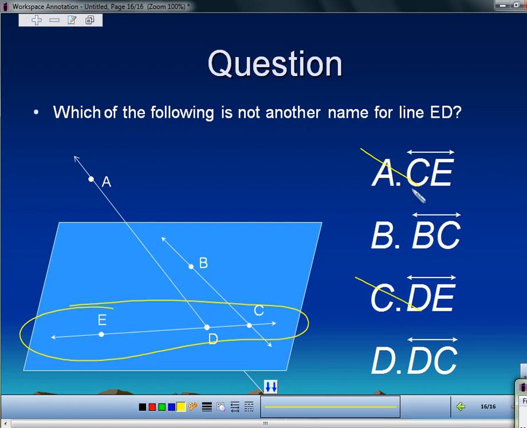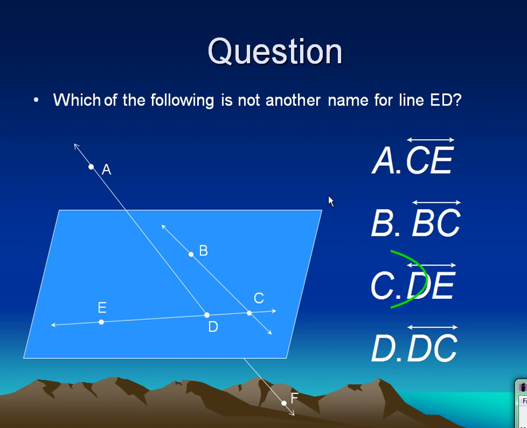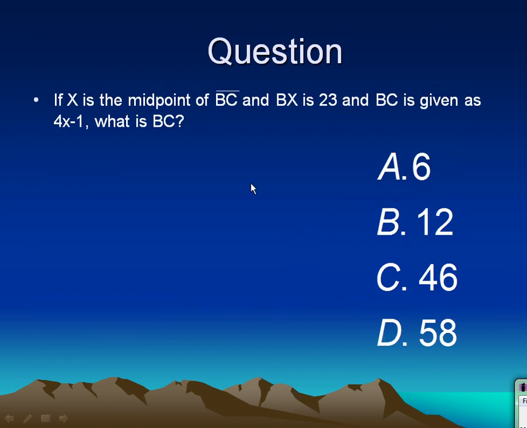DC, or CD, valid name. BC, not even that same line. That's how I know that that is my answer. When we're talking about lines, the way we know that those things work together is if those points are on the same line, if they are collinear. Of course, that was a mistake on my part there.